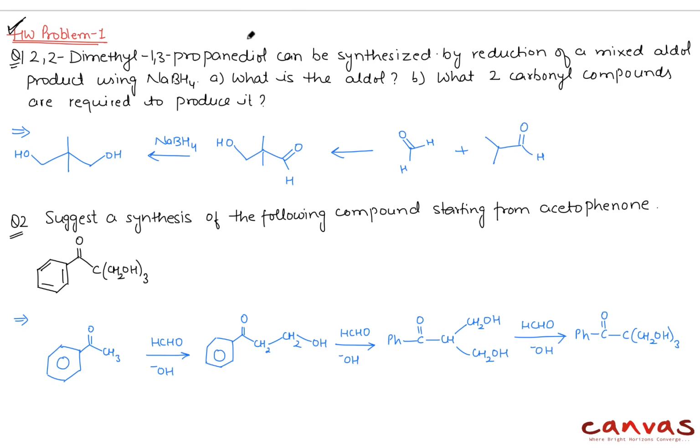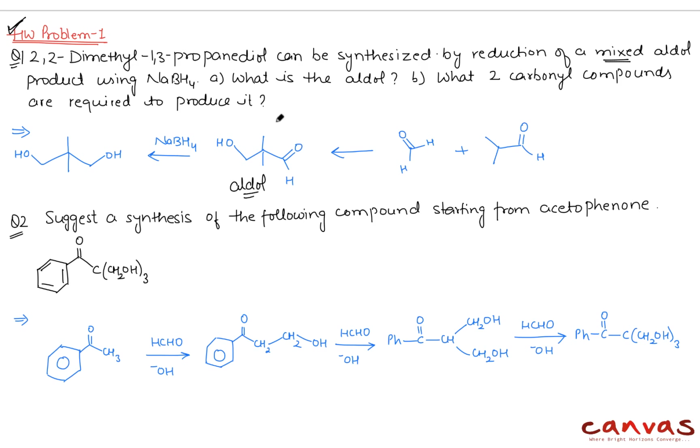2,2-dimethyl 1,3-propane diol. Now this is our molecule, 2,2-dimethyl 1,3-propane diol. Okay. Now it can be synthesized by the reduction of a mixed aldol, that is a cross aldol reaction product, using NaBH4. Okay, so now this is formed by some reduction. Now if you do a reduction of aldol, it means initially in the aldol you must have a keto group.